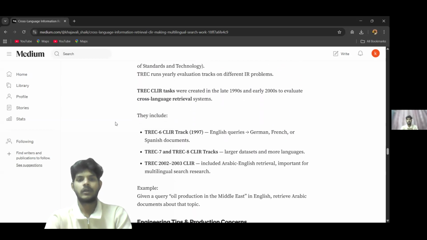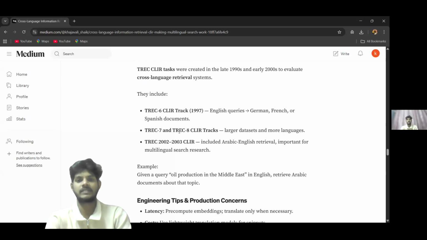They include the TREC 6 CLIR track, TREC 7 and TREC 8 CLIR tracks, and TREC 2002 to 2003, which contain Arabic English retrieval, important for multilingual research. You can find an example where a query is given as oil production in the Middle East in English. It retrieves different documents that may be Arabic documents about this topic.